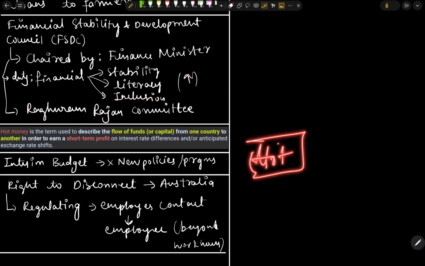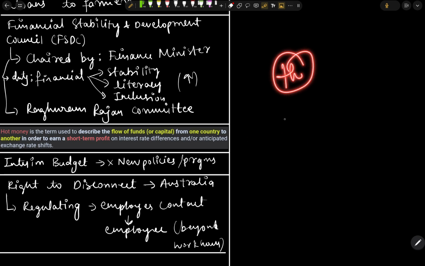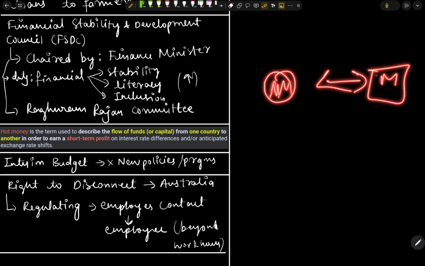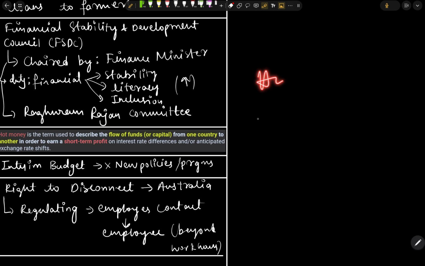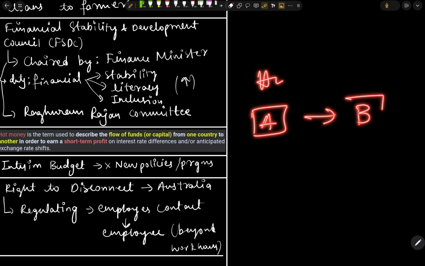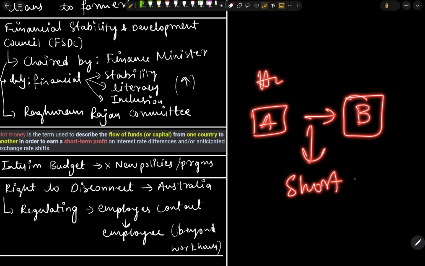And also we have the concept of hot money. Hot money is nothing but the funds that flow from one country to another country, and their only motive is to gain profits. So hot money is the flow of funds from one country to another, and the motive is only short term profit.